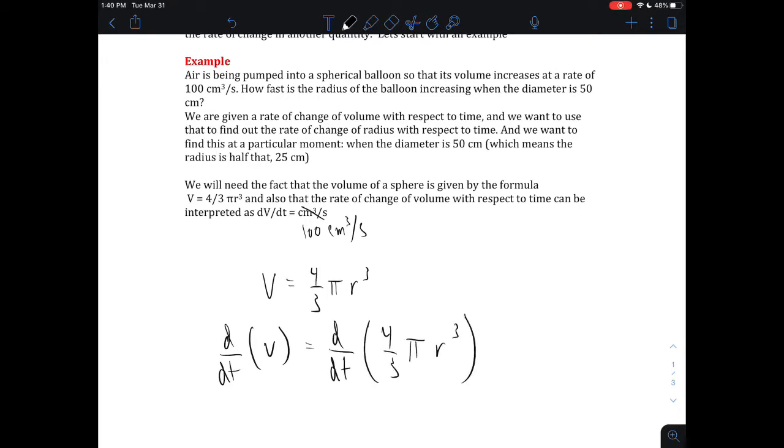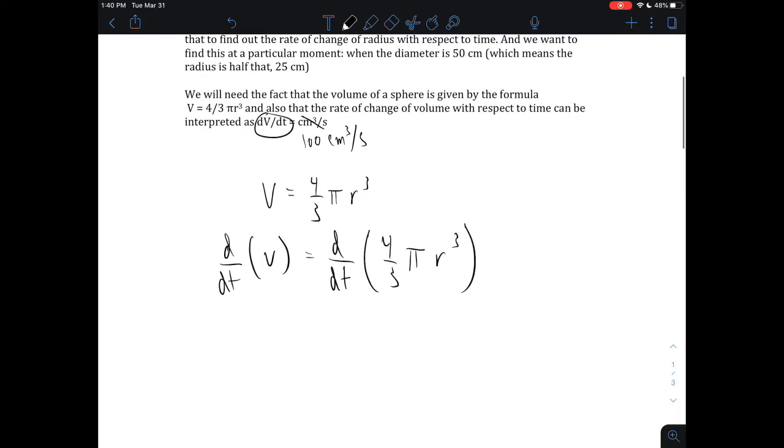And what we're going to see is this is just another application of implicit differentiation and the chain rule. So on the left-hand side, the derivative with respect to t of V is quite simply just dV/dt. That is what that means.